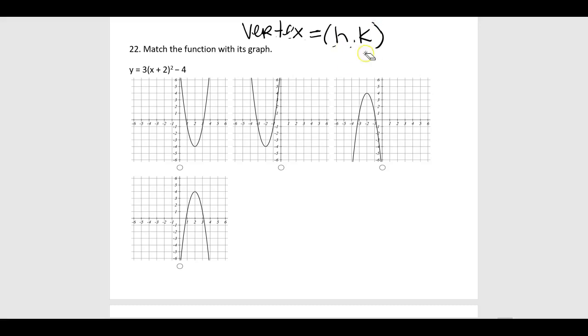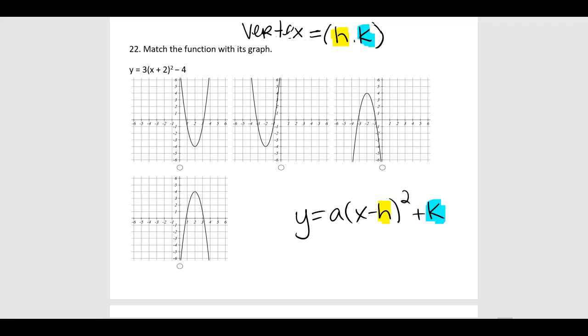Okay. So what is h and k? So remember, it's coming from y equals a times x minus h squared plus k. So the vertex comes from the h and the k. So notice that the number you see in the parentheses, you have to change the sign to actually give you h, because it's x minus h.